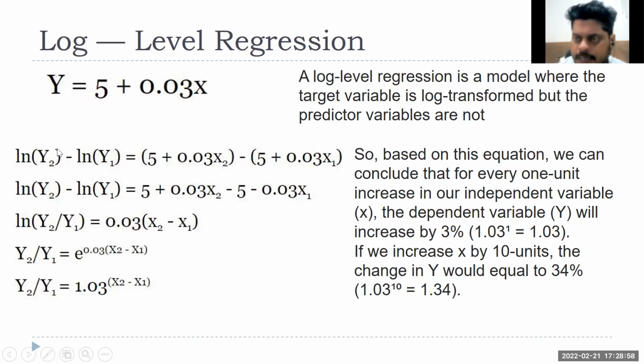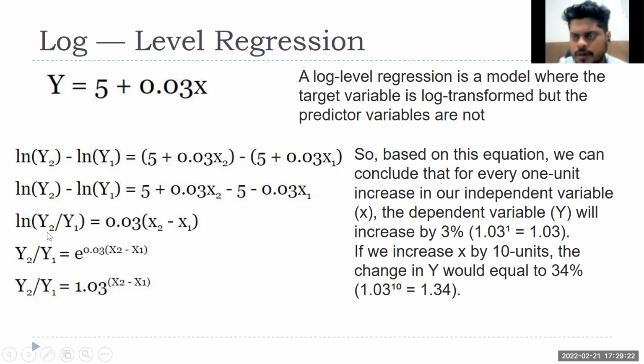But when I'm making a transformation, I'll put log y is equal to 5 plus 0.03x. So log y2 is equal to 5 plus 0.03 x2, and log y1 is equal to 5 plus 0.03 x1. I subtract log y2 minus log y1 and simplify the equation.